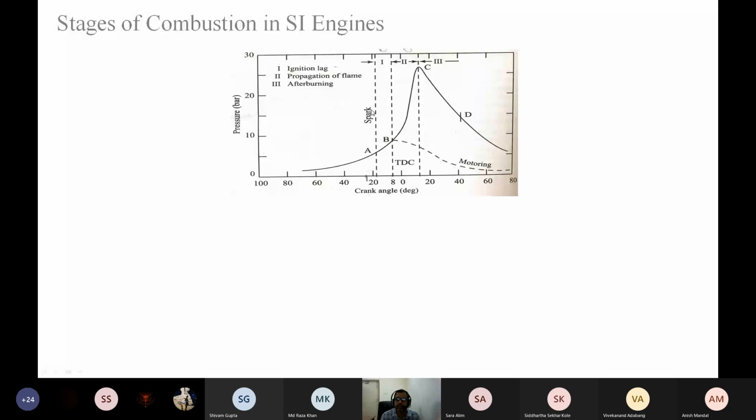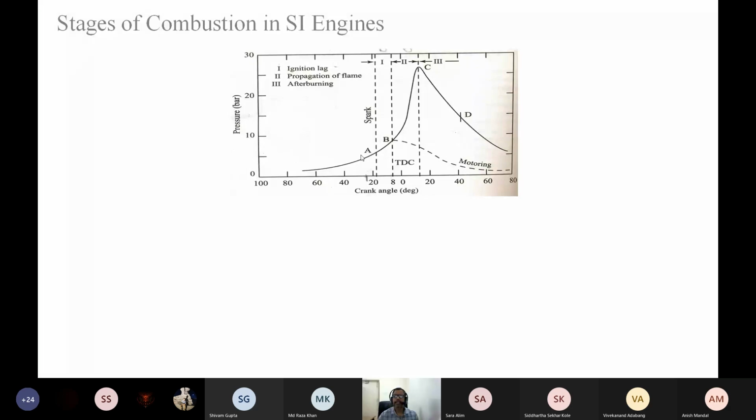Once the spark is created towards the end of the compression stroke, then what will happen? The flame will be developed and it will progress across the combustion chamber and consume all the combustible mixture.